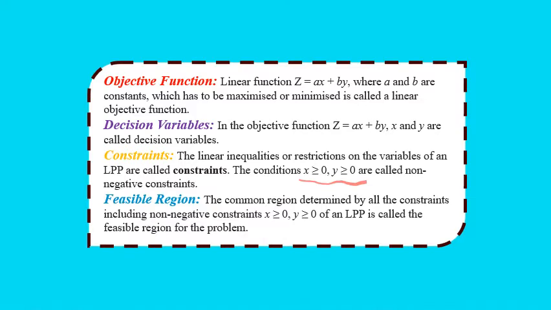Feasible region. The common region determined by all the constraints, including non-negative constraints x greater or equal to 0, y greater or equal to 0, of an LPP is called the feasible region for the problem. In grade 11th we have learned linear inequalities, where we used to find the solution region of the given inequalities. That solution region will be our feasible region. Clear? So pause and note down these definitions.